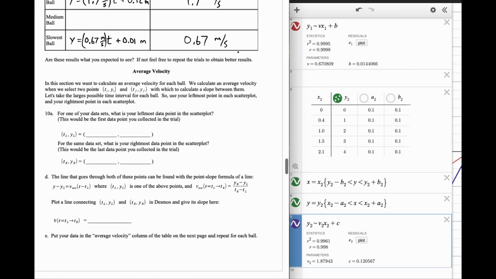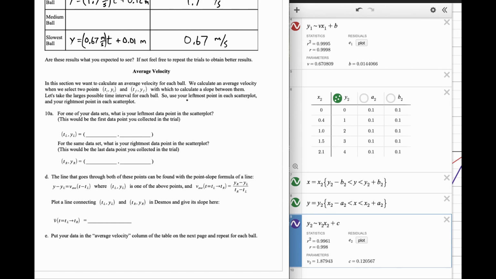Next, it says we could calculate an average velocity for each ball. When you're calculating an average velocity, select 2 points, t initial, y initial, and t final, y final, with which to calculate the slope. We want the largest possible time interval for each ball.